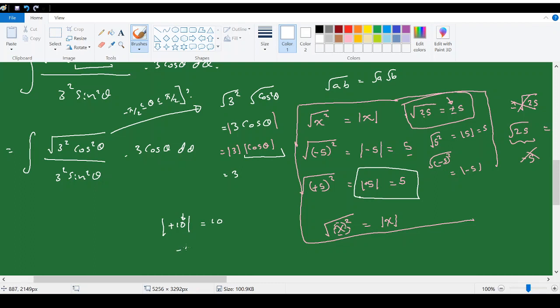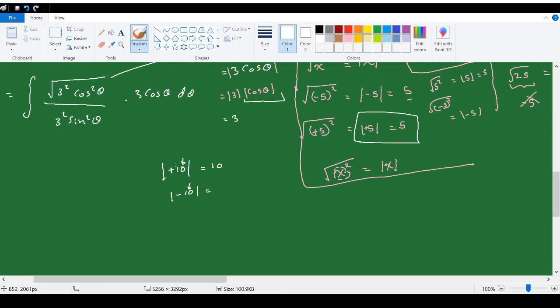And if we have a negative term inside the modulus, we should write it without that negative term.